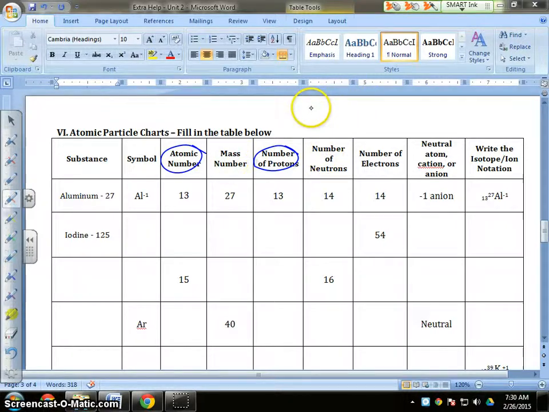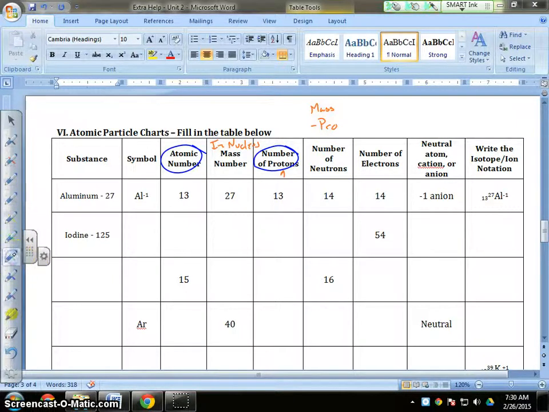So your neutrons are simply going to be your mass minus the protons, because the mass number is basically what's in the nucleus. So when we're figuring out the neutrons, I've told you what's in the nucleus and one other set of particles in the nucleus. Your neutrons are the other set.